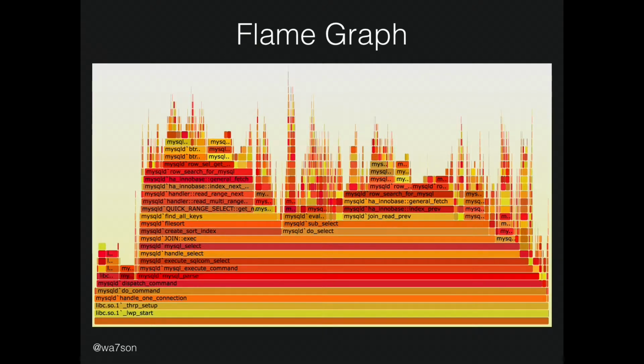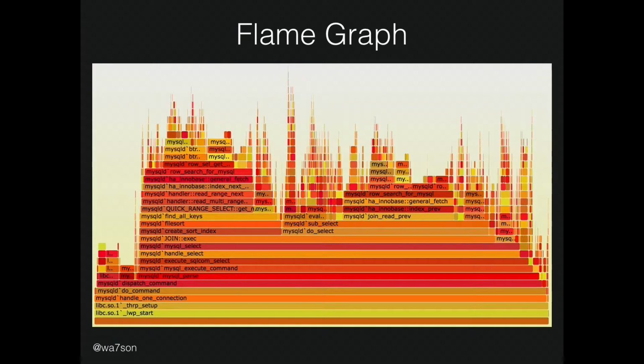So on the y-axis here, we have stack frames. So each of these is a stack frame. And on the x-axis, that's not passage of time, as some would think, like the 30 seconds or something. On the contrary, it's just a representation of how often it's seen a given stack frame.